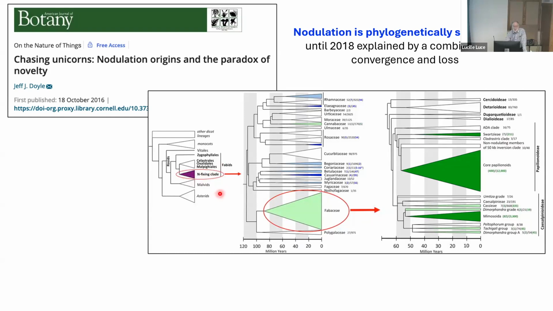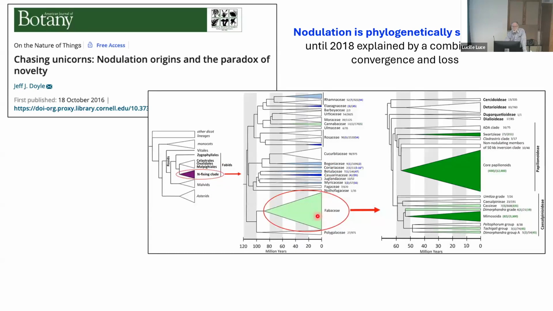This is called the nitrogen fixing clade. And within this clade, you'll see that it's scattered. The dark blue here means that entire group has nodulation symbioses. Light blue means that it's scattered within that group.